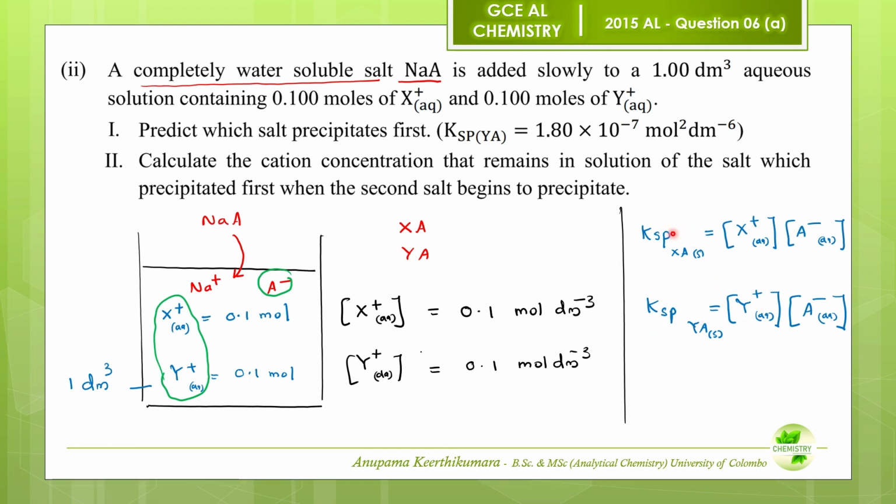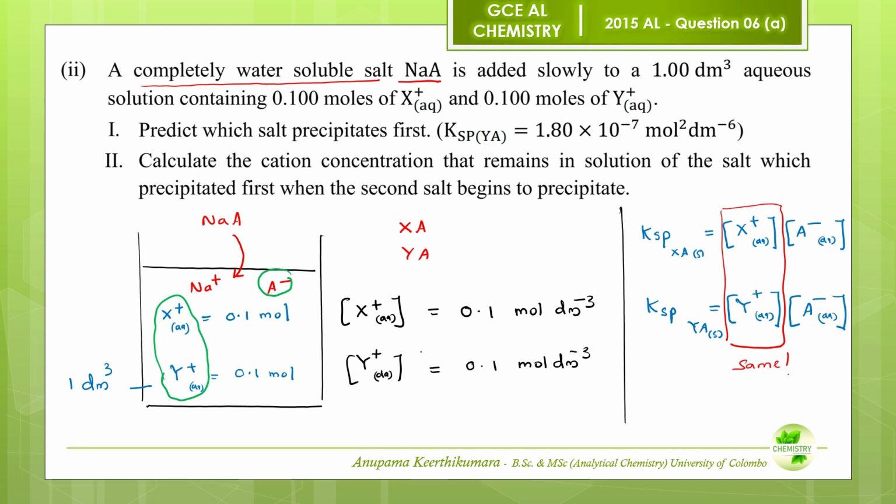Here we have the two Ksp expressions for these two salts. The concentration of X plus ions and Y plus ions are the same. They have the same value. Therefore, the salt which requires less A minus concentration precipitates first.